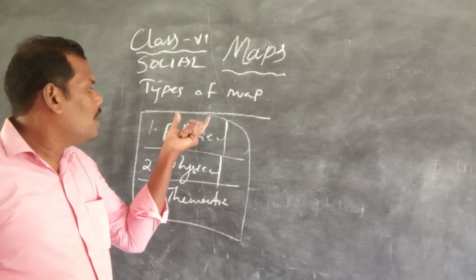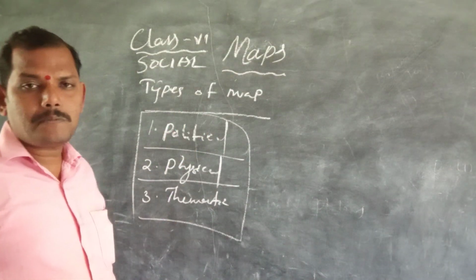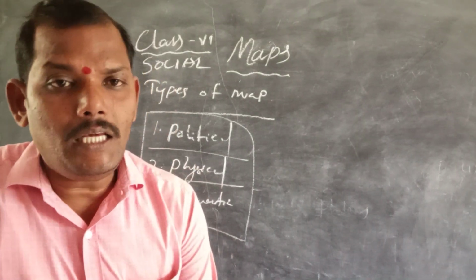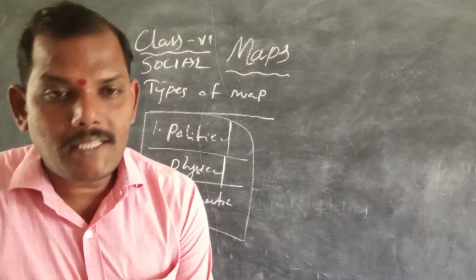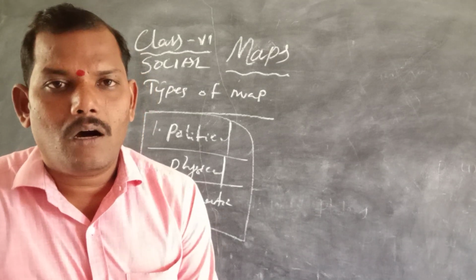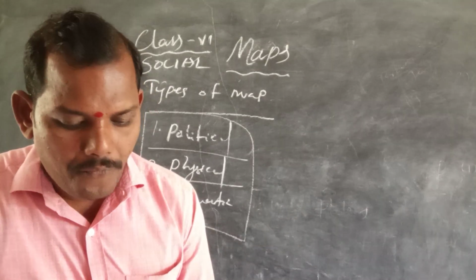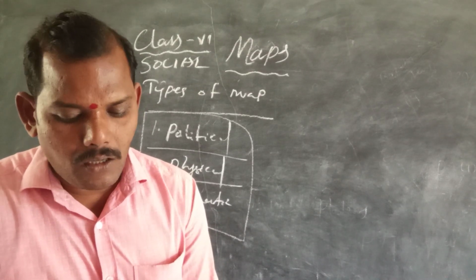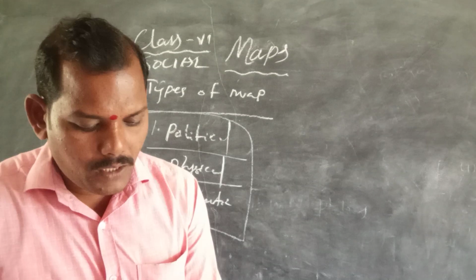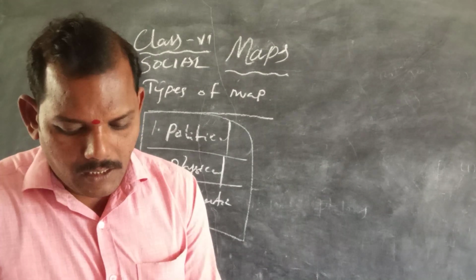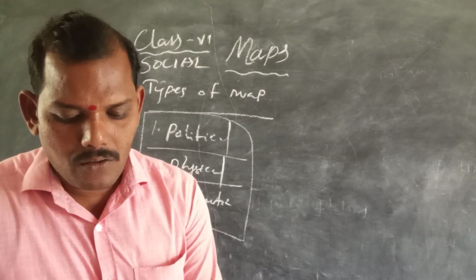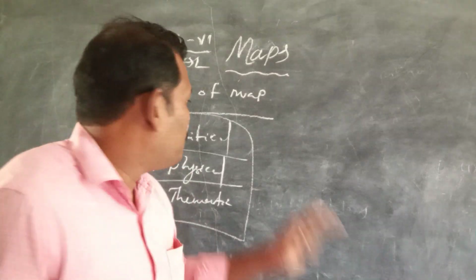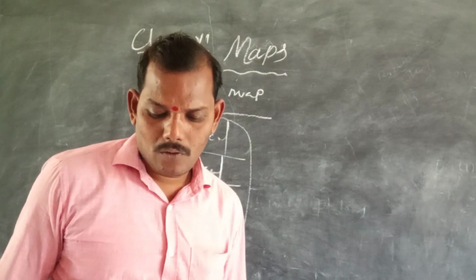These are the important maps we generally use in our daily life. These three maps show different features. Okay. In the next session, we are going to discuss the types of maps. Okay.